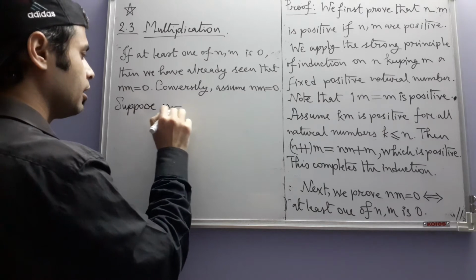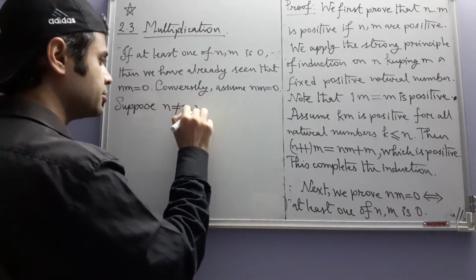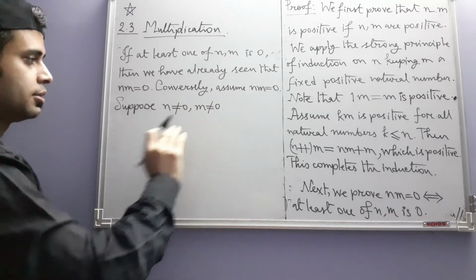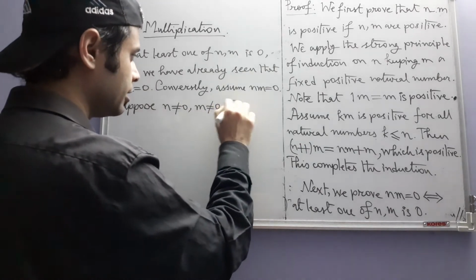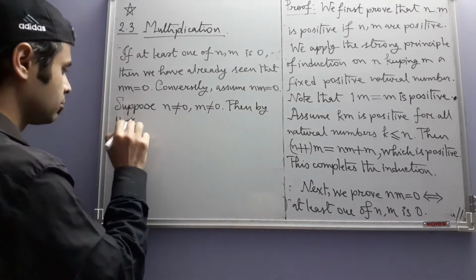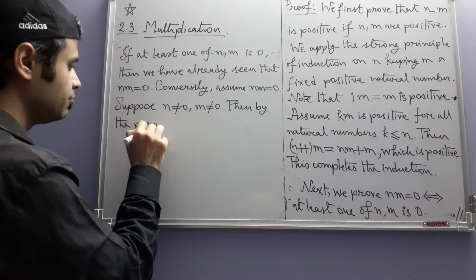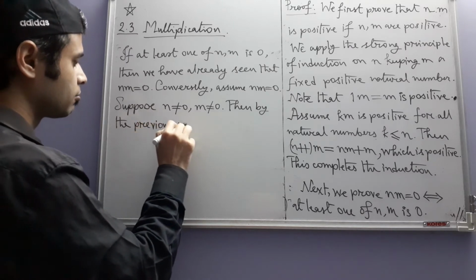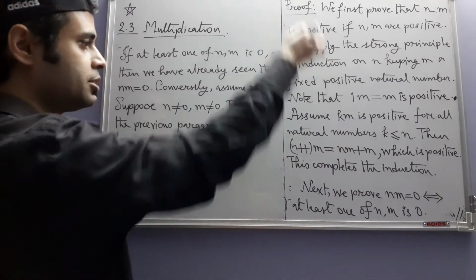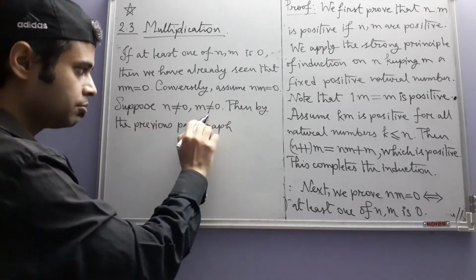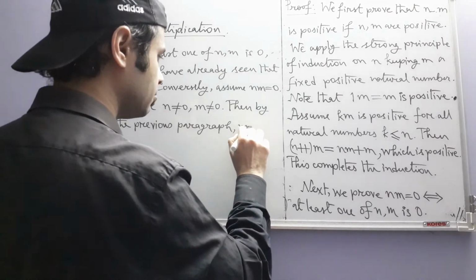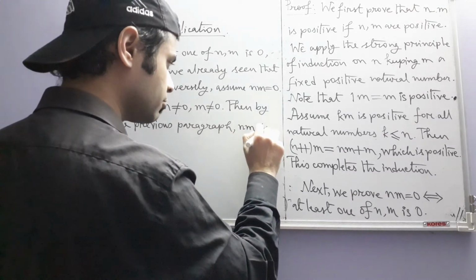Suppose n and m are both positive. In spite of that, we are having this. This is my supposition. Then, by the previous paragraph, this result, the product of two positive natural numbers is positive, nm is not equal to 0.